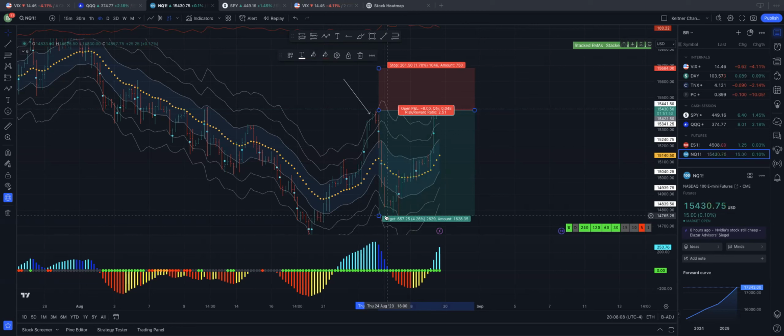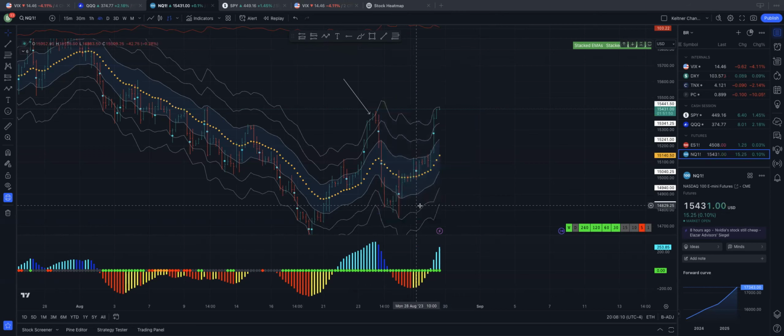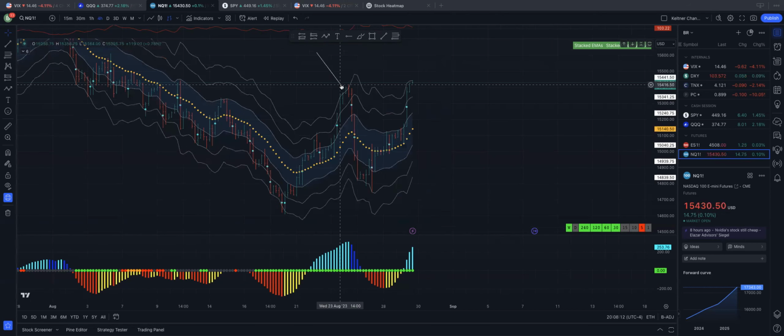So that's obviously an extreme example, but notice all that we did was go from the mean to 3 ATR, back to the mean, flushed down to 2 ATR, back to the mean. And now we chopped around a bit, and then we have our move up to 3 ATR. So what's probably going to happen here?